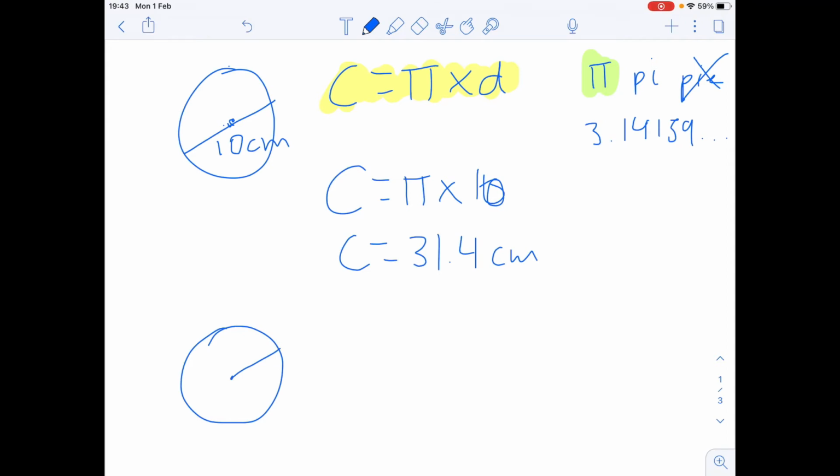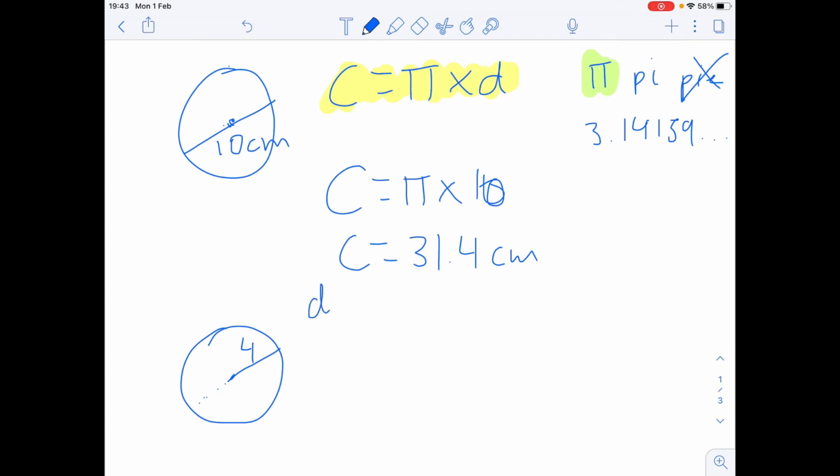Now, in other cases, instead of the diameter, they might give you the radius. Okay? And if you think about it carefully, I can figure out the diameter from the radius, isn't it? Because if that's the center and that's 4, then if I just continue it there, the diameter is going to be 8, isn't it?